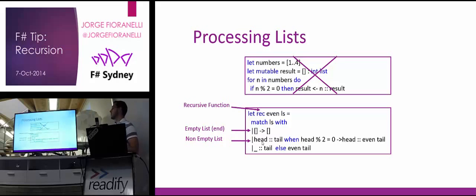The only thing that we care about here is the tail. So the only case that is left is when the head is not even. And in that case, we call the same function again, but this time using the tail, and we skip the head, so we don't keep it.